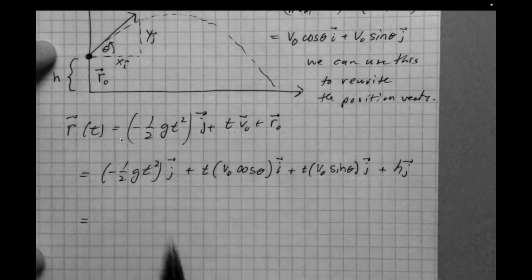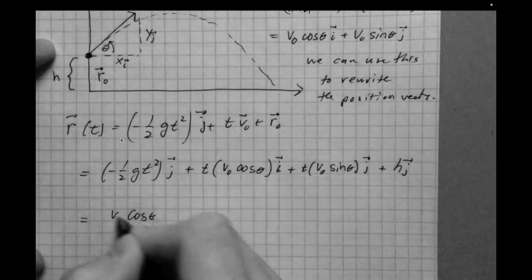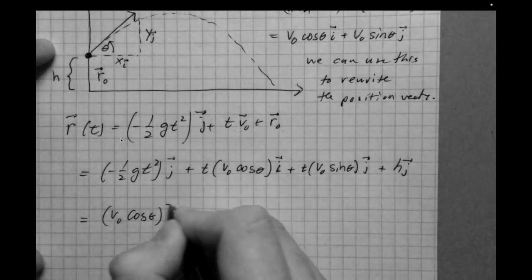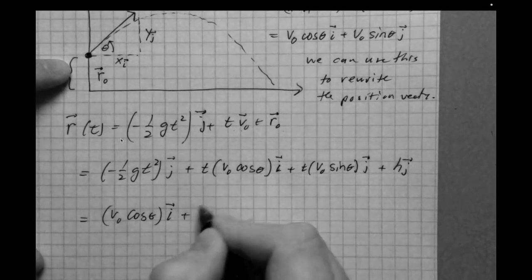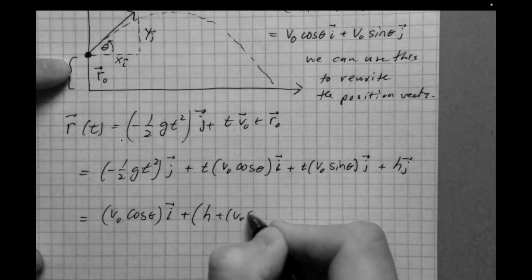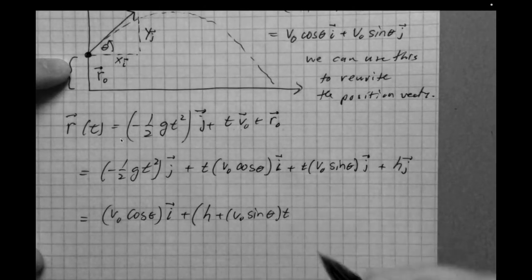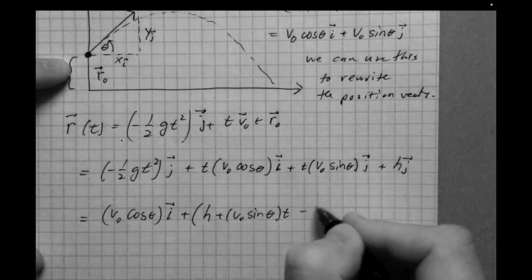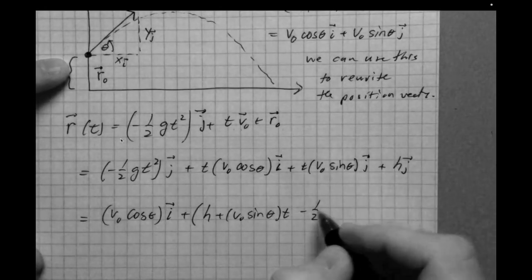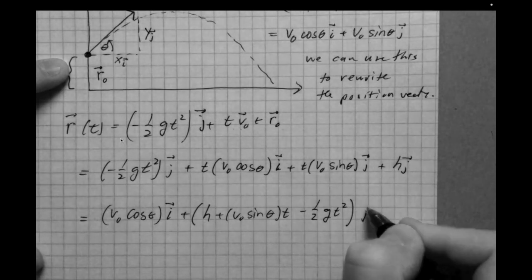For the i vector, we have v naught cos theta times i, plus, and then it's going to be h plus v naught sine theta times t minus 1/2 gt squared, and that's times j.